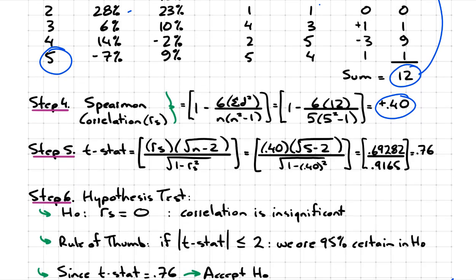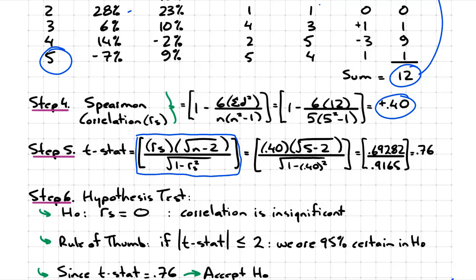In step 5, we find the t-stat. This t-stat is very similar to the t-stat for population or sample correlation that we found using the approach in a preceding module for correlation tests, except instead of using the correlation data from the sample, we're using this Spearman correlation.